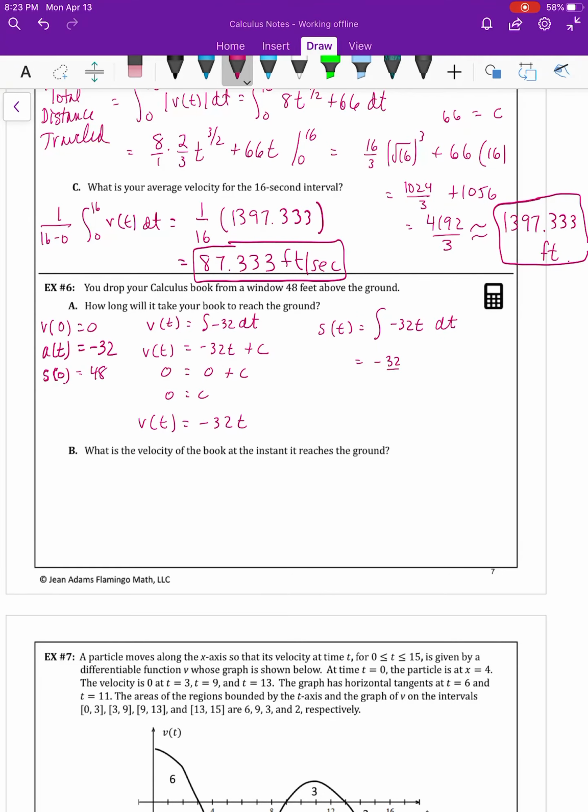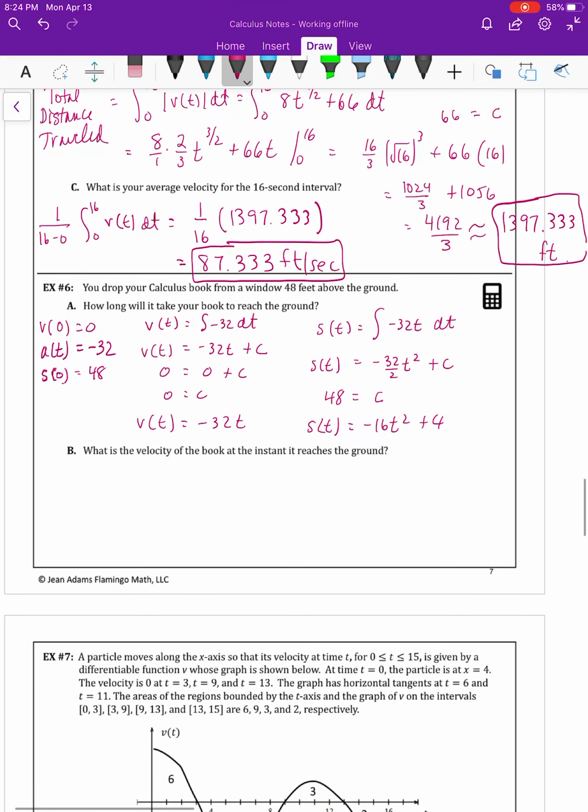And so then if we wanted to find our position function, we're going to integrate our velocity function. So this is going to be negative 32 over 2 t squared plus c. And since its position was 48 at 0, our c is 48. When I put 0 in there, I just get c.